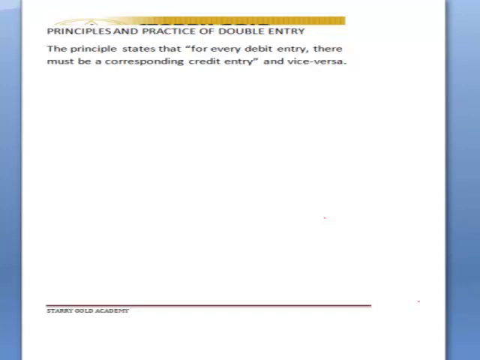This principle operates on the basis that every financial transaction must have two aspects. It is pertinent to note that this principle is recorded in favor of an Italian mathematician known as Luca Paciolo, who did that in the year 1494.